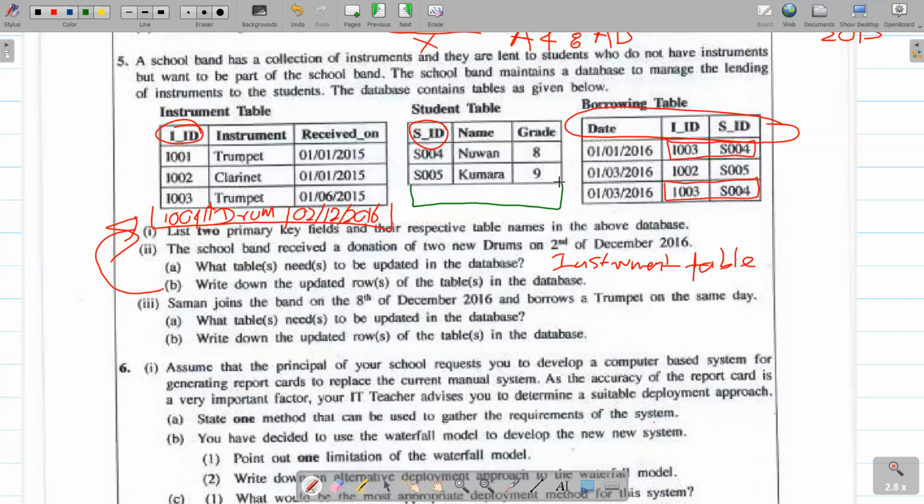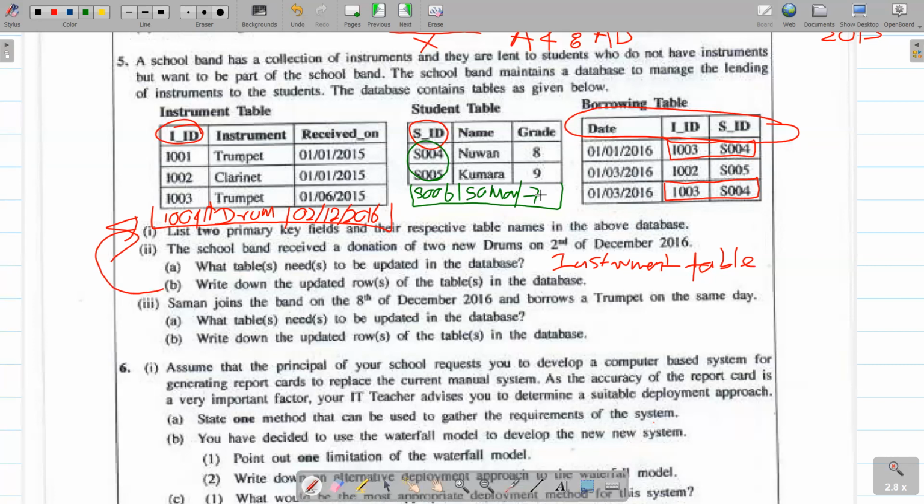They haven't given any SID, so we can say like S006 or any particular ID which is not these two. And about the grade, no grade is given. You can propose any particular grade, or you can keep it empty.